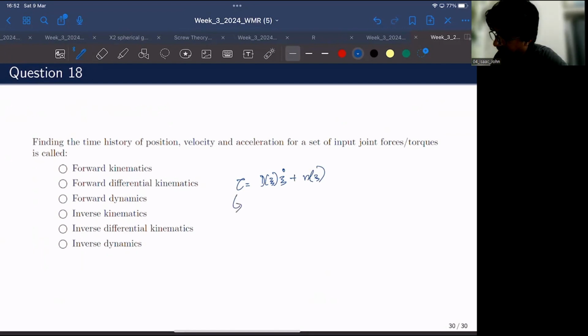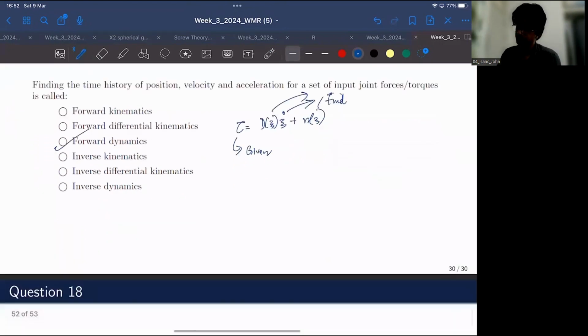So the input torques and joint forces are given. Our objective is to find position, velocity, and acceleration. If torque is given and you are asked to find the trajectory parameters, this is a problem of dynamics, obviously, but is it forward or inverse? It should be forward dynamics. And the other way is inverse dynamics.